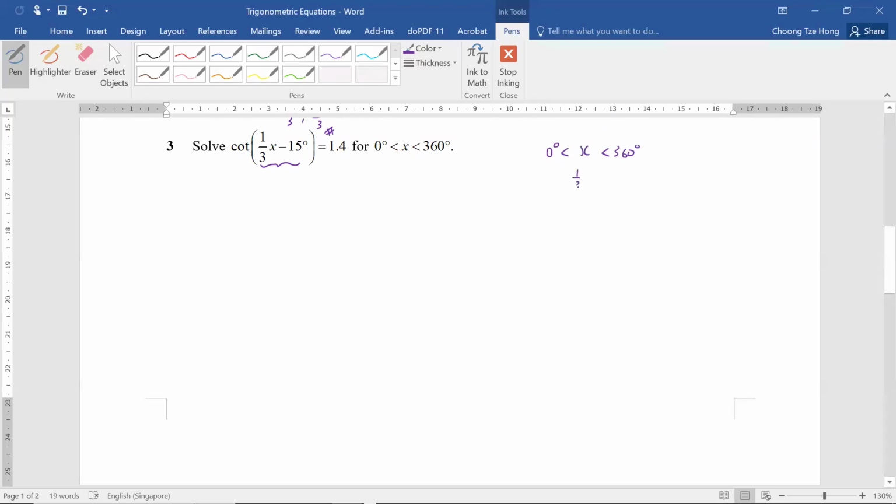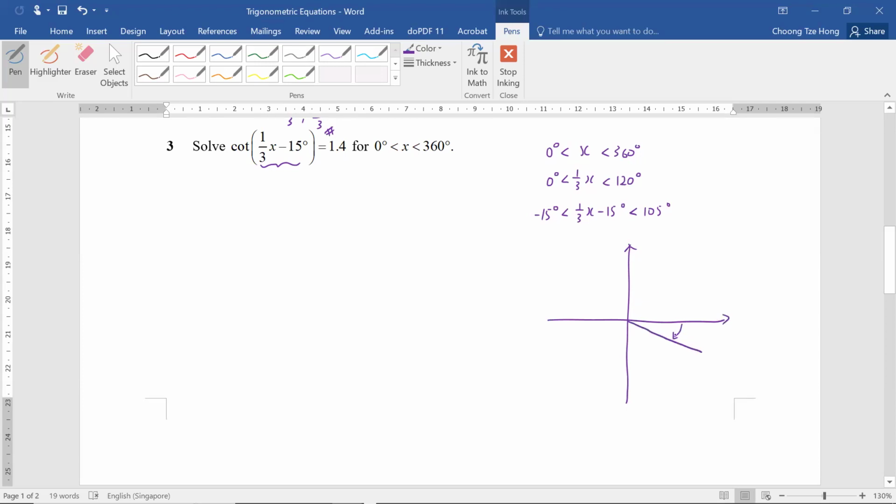Okay, 1/3 x, we will multiply first. So 1/3 times 0 is still 0, but 1/3 times 360 will be 120. Then 1/3 x minus 15 degrees: over here will be negative 15 and over here will be 105 degrees. If you think about the quadrants, negative 15 is just in this direction.